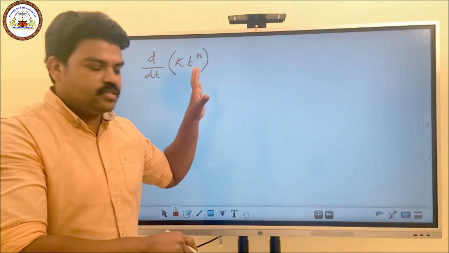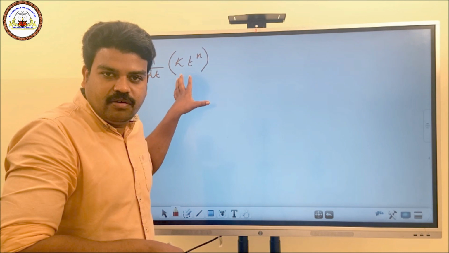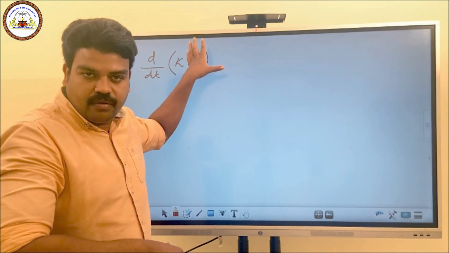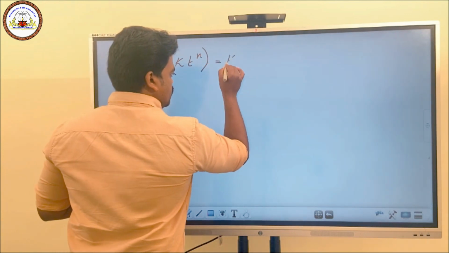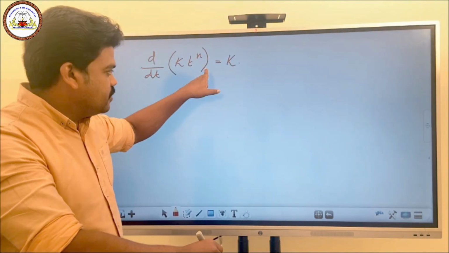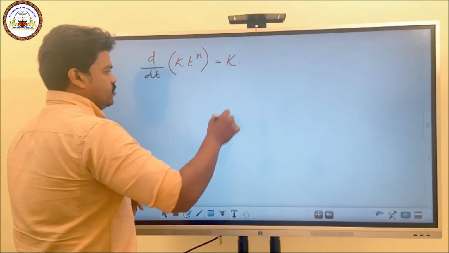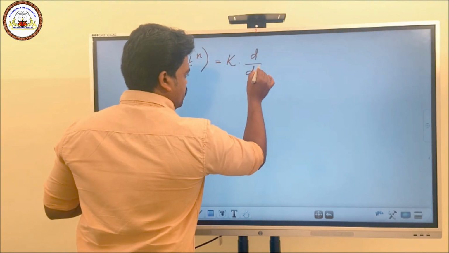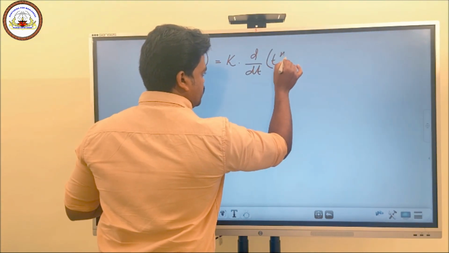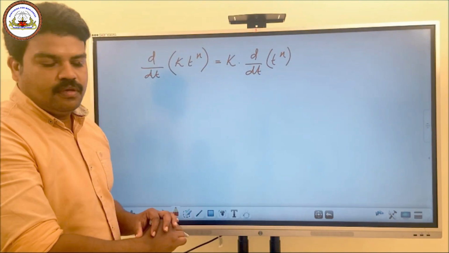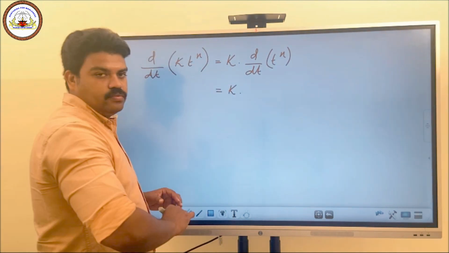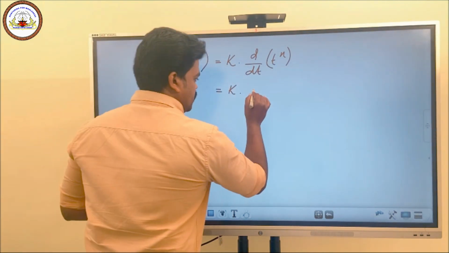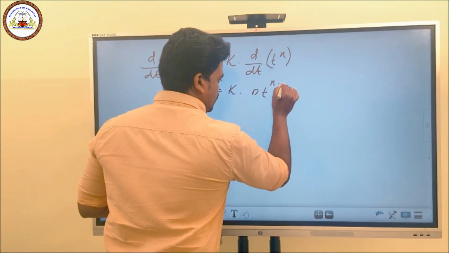If there is a function like this, d by dt of k t raised to n, k is a constant, then this is equal to k into, we can take k outside, k into d by dt of t raised to n, and this is equal to k into n t raised to n minus 1.